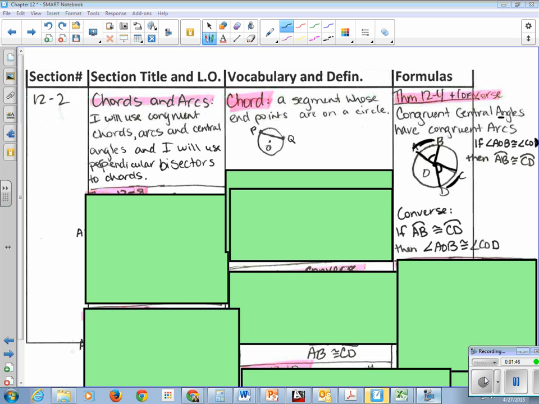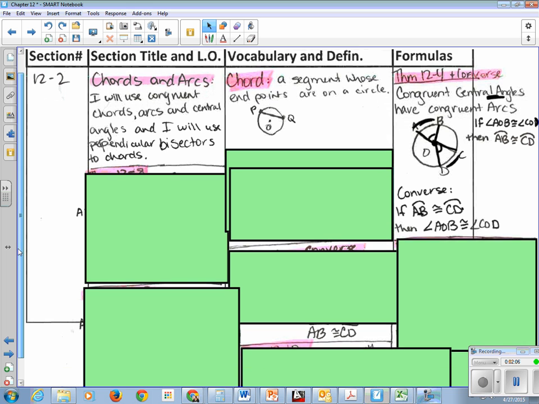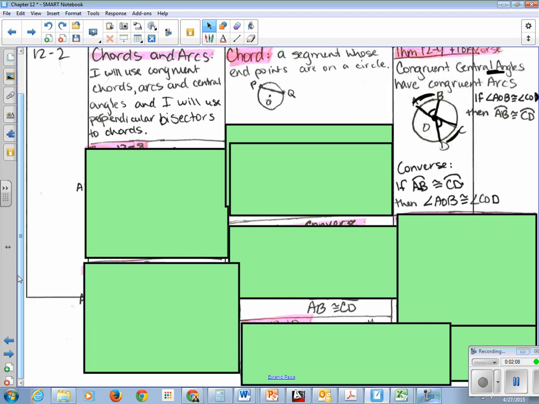And remember, central angles, their vertex is on the center of the circle. So the converse of this is true as well. If arc AB is congruent to arc CD, then angle AOB is congruent to angle COD. Definitely having the picture is helpful for these parts.